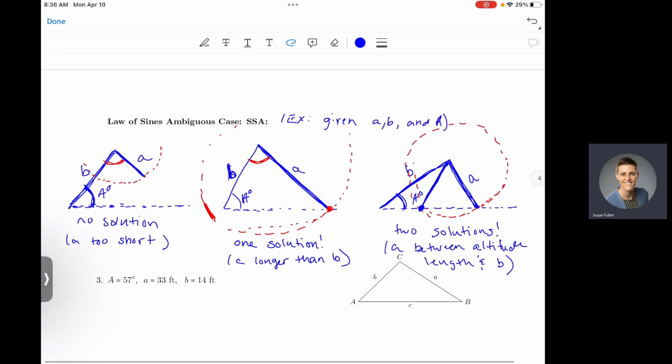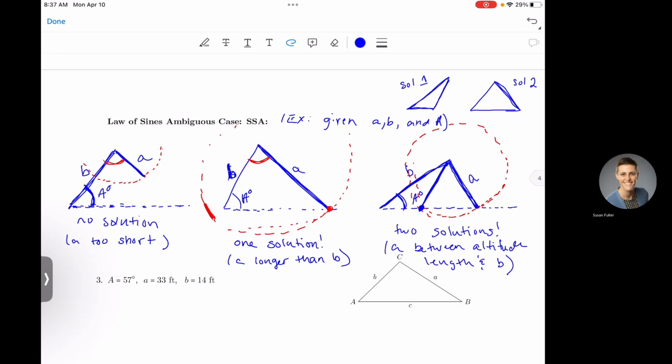Your two solutions here are basically this triangle right here, which is an obtuse triangle. That's solution one. And the other side is, here's B and angle A and side A. It could also be this, solution two, which is an acute solution.